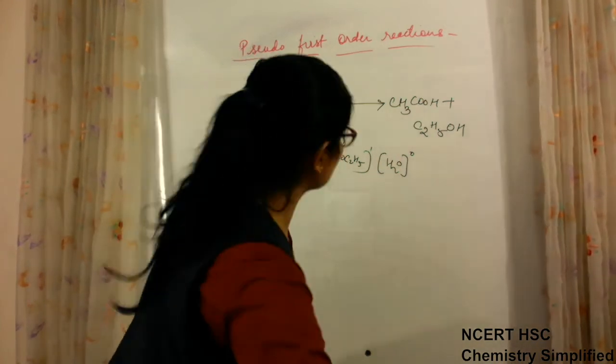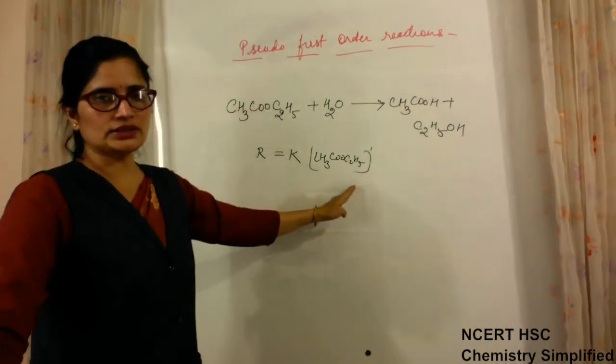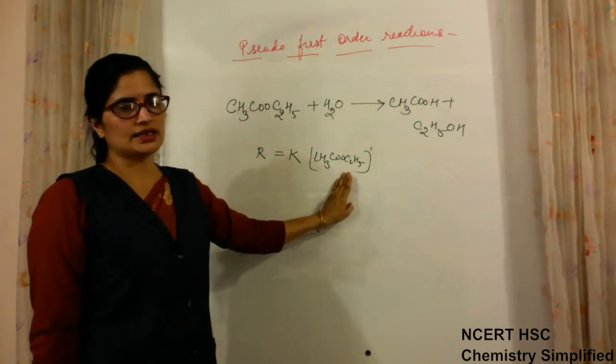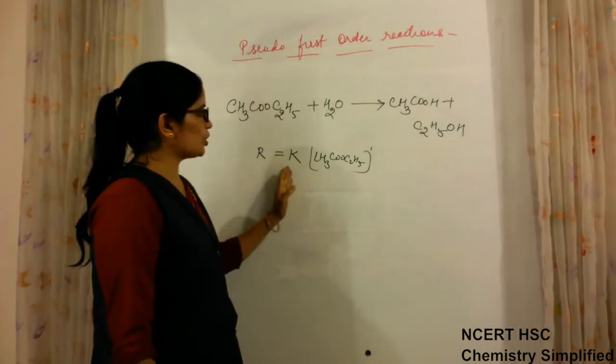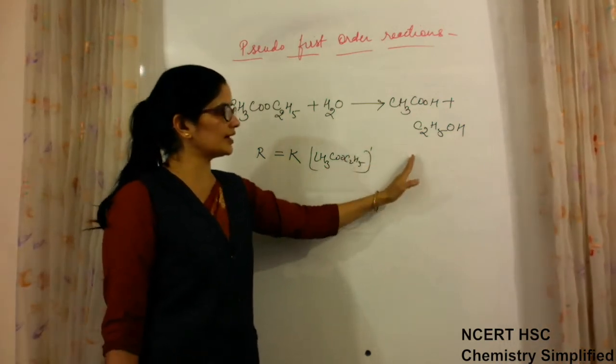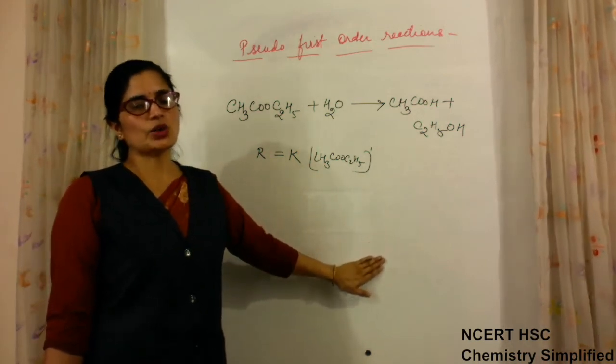So actually the rate of the reaction is related to only the concentration of ester present here. So that means the order of reaction is first order, because this is raised to power 1 and that was raised to power 0. So this reaction is a first order reaction.